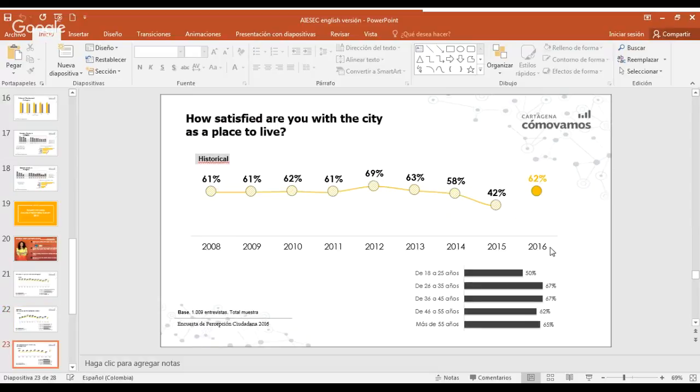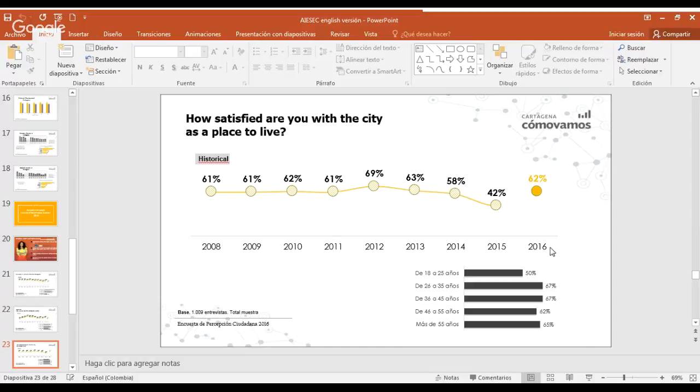The next question that we asked people is about satisfaction with the city. We asked how satisfied they are with the city as a place to live. And they answered that 6 out of 10 people feel that Cartagena is a good place to live. Also, we can see that people between 18 and 25 years old are the least satisfied with the city.